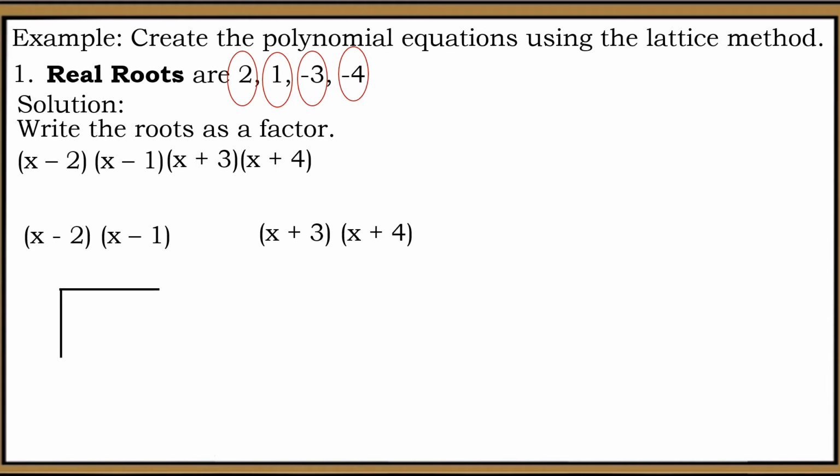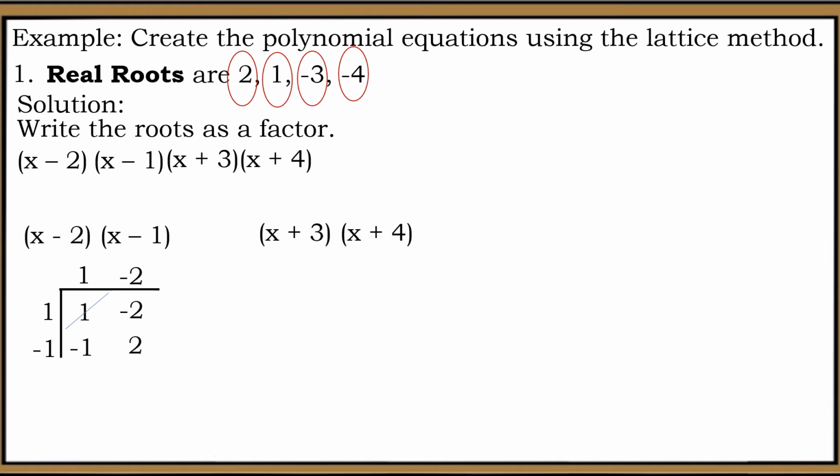So, yung numerical coefficient ng x minus 2 ay 1 and -2. So, ang numerical coefficient sa x minus 1, we have 1 and -1. 1 times 1, 1. 1 times -2, we have -2. Doon naman sa -1. -1 times 1, -1. -1 times -2, we have +2. Then, let us add diagonally.